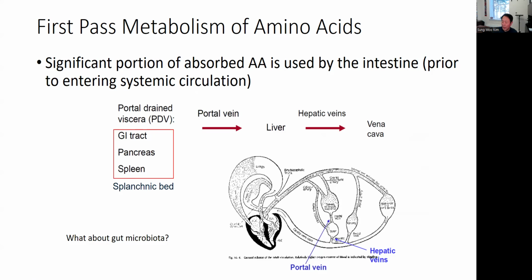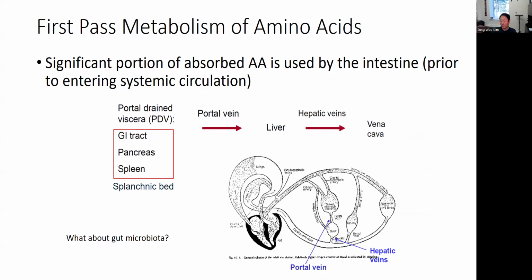So I should question: do we really know what amino acid profile we should have in the diet so that animals can use them to build the proteins in the muscle to grow well?